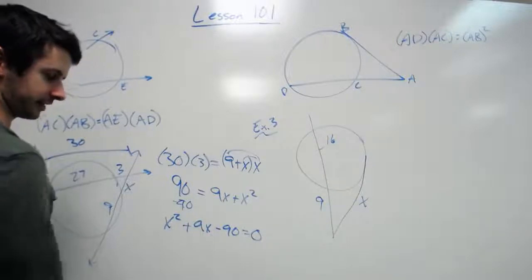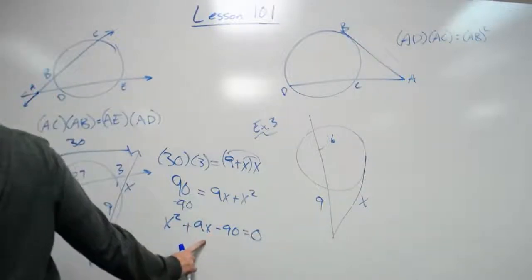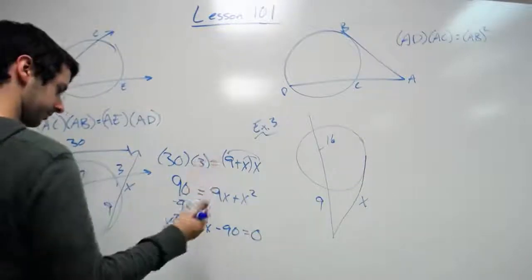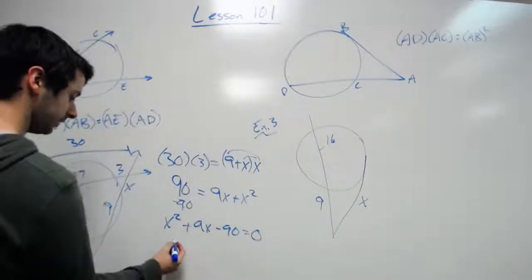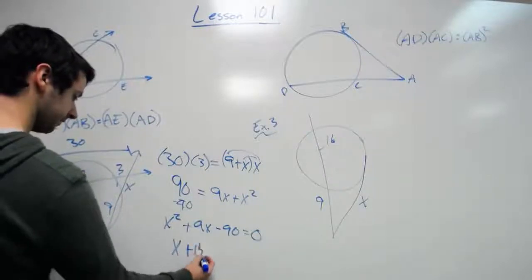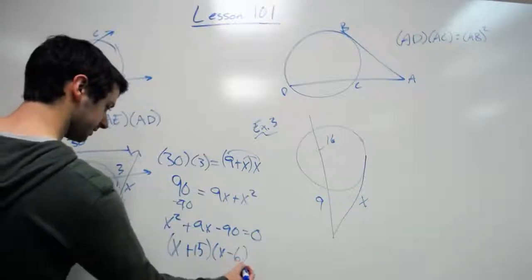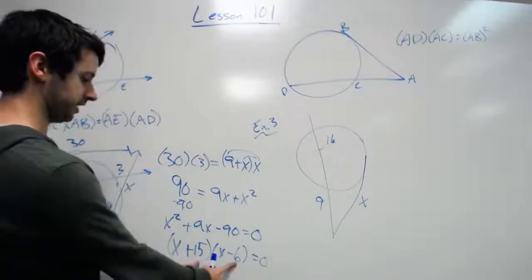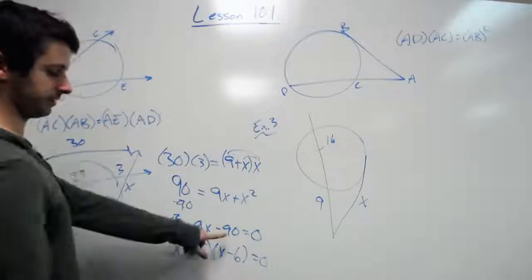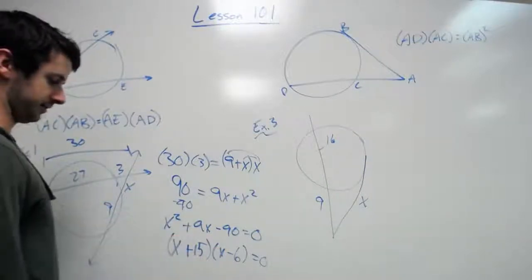And then I factor: what two numbers multiply to be 90 but add up to be 9? Fast forwarding that, it would be x plus 15 times x minus 6, because 15 and negative 6 multiply to be negative 90 and add up to be positive 9. So those equal 0.